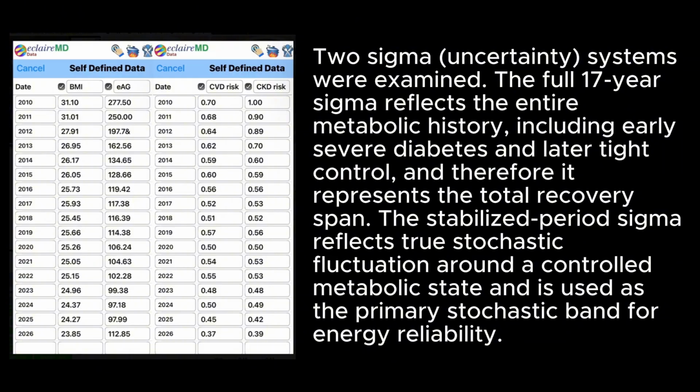The full 17-year sigma reflects the entire metabolic history, including early severe diabetes and later tight control, and therefore it represents the total recovery span. The stabilized period sigma reflects true stochastic fluctuation around a controlled metabolic state and is used as the primary stochastic band for energy reliability.